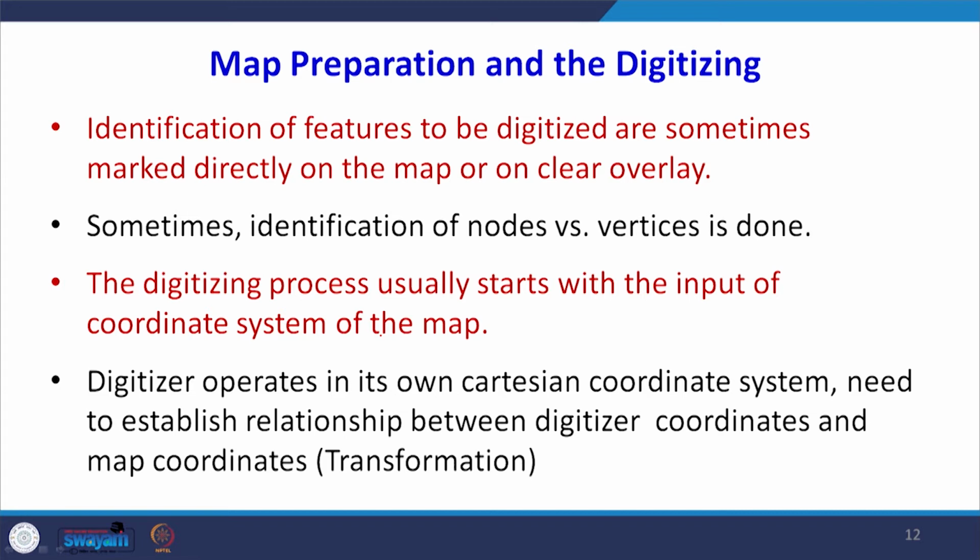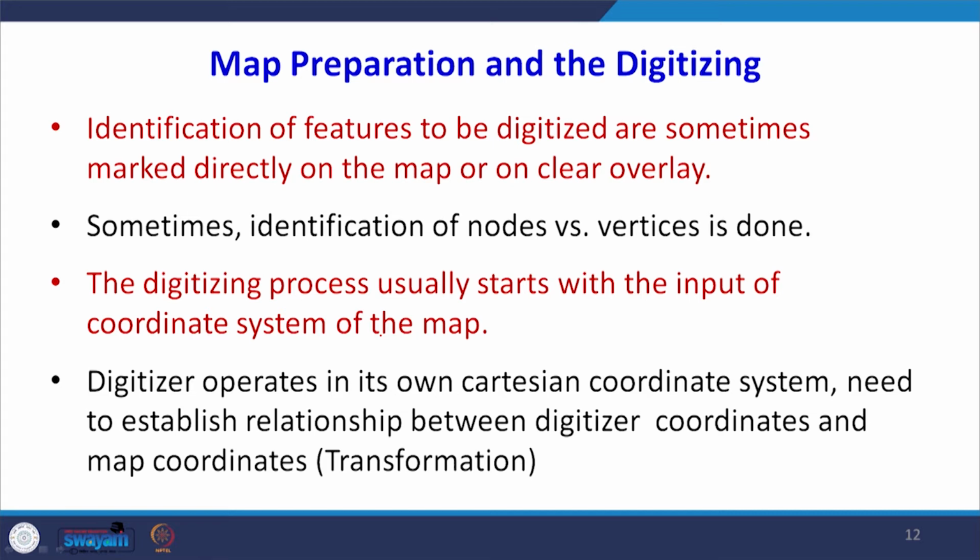Maybe if you are carrying out some analysis of road network, you identify the roads to be digitized, maybe some river network, maybe the habitated area, maybe the forested area. So these are the features which are of prime importance to you. So you can be selective while you are digitizing the features.